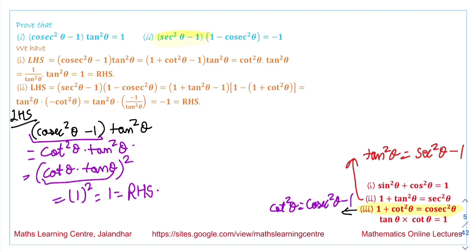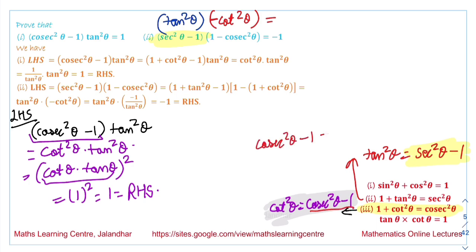We are having the value secant square theta minus 1, that is tan square theta, and 1 minus cosecant square theta is equal to minus cot square theta, because cosecant square theta minus 1 is cot square theta.